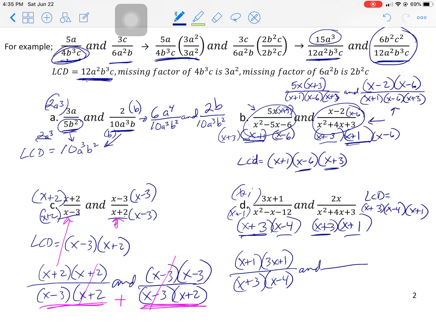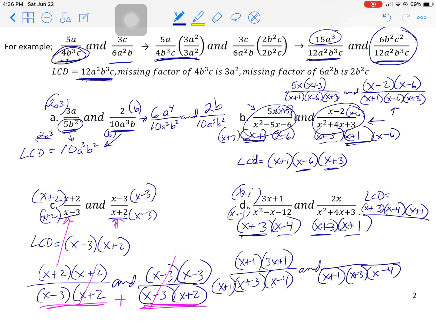Oh, wait, what are we missing? We're missing the x plus 1, x plus 3, yep, x minus 4. That's my LCD. Does it matter what order? As long as I have x plus 3 somewhere, x minus 4 somewhere, and x plus 1.